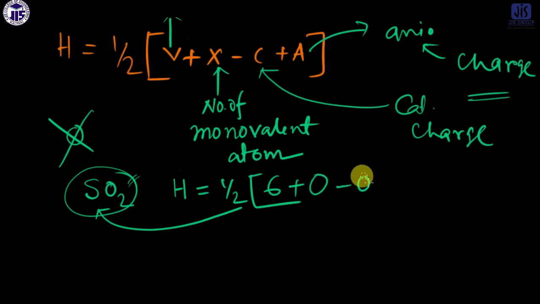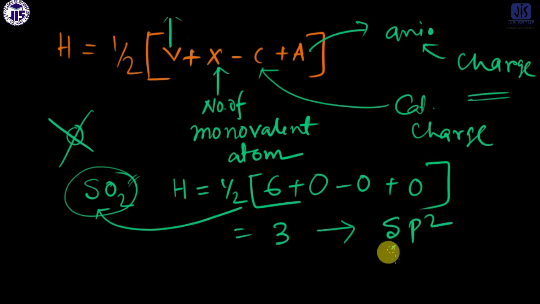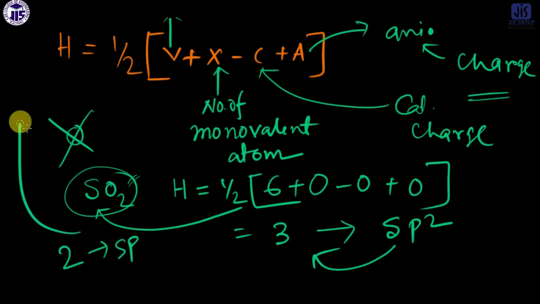No cationic charge, no anionic charge, so H will be 3. 3 means sp2. The total number of orbitals will be 3. If you get the value of 2, it will be sp. If you get the value of 4, then it will be sp3: 3 p orbitals, 1 s orbital.